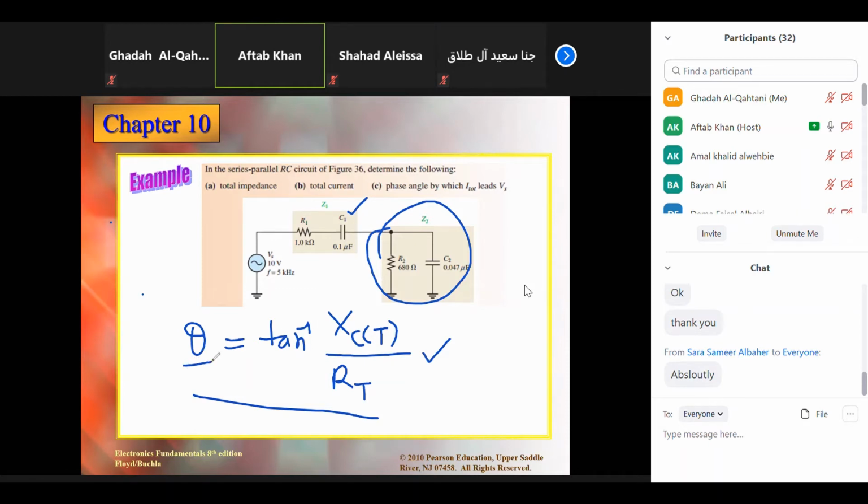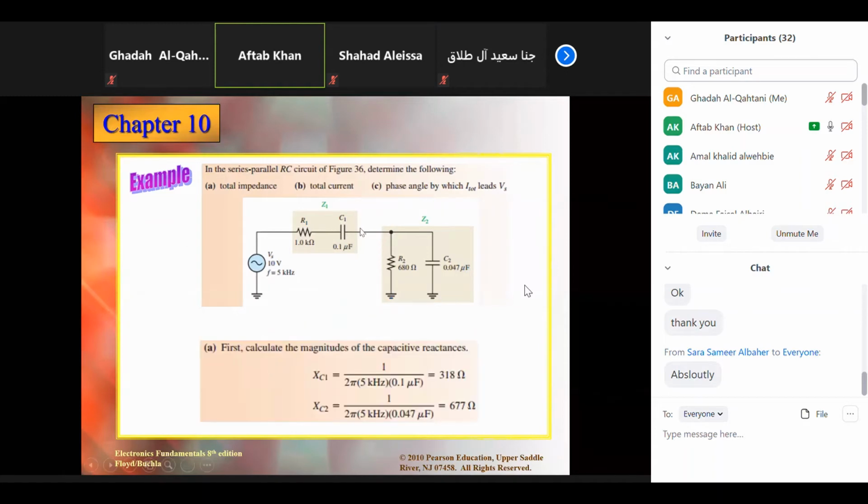Correct? Did you get my point? We converted this parallel into series, and the rest is already in series, so we added the series components. That's why. Okay, let's wait, a solution is there, I will explain.